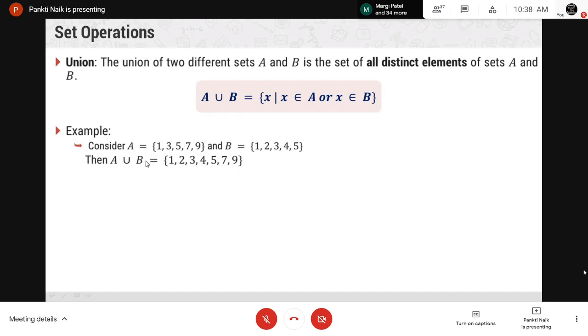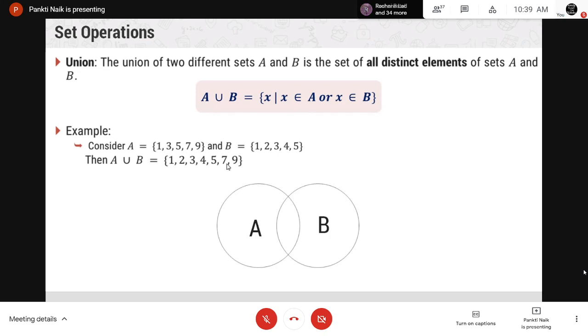So A union B માં શું આવશે? All the elements of A or elements of B. So first 1, then 3, then 5, 7 and 9. Now or 1, 2, 3, 4, 5. So all the elements in A or B are a part of A union B.